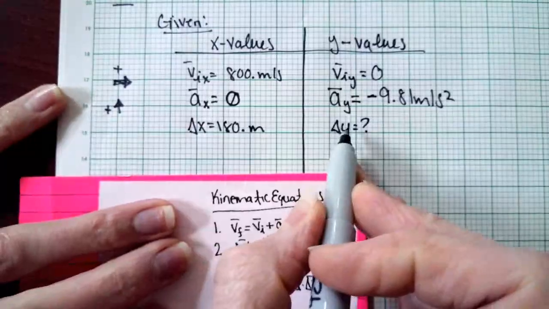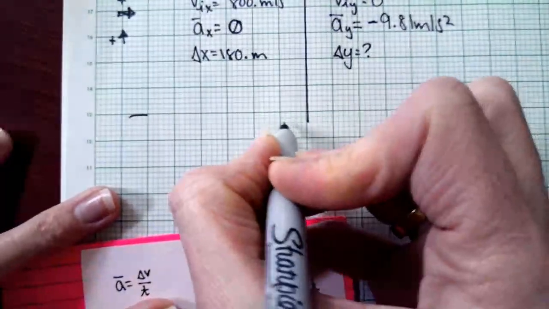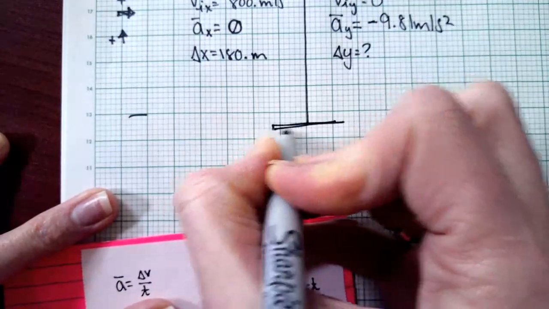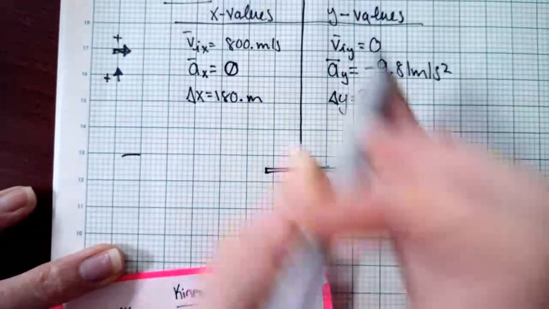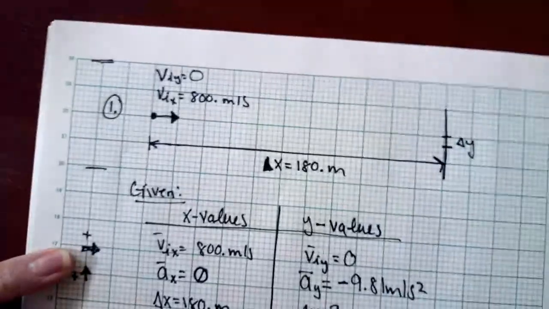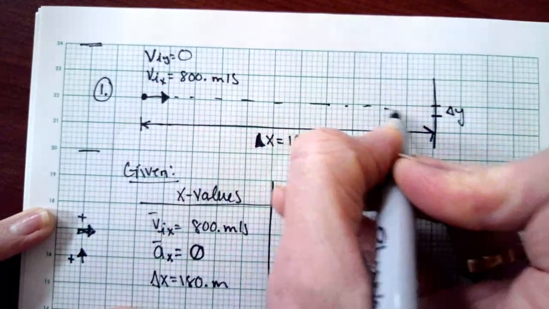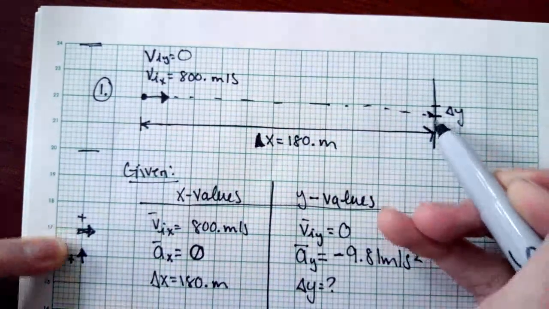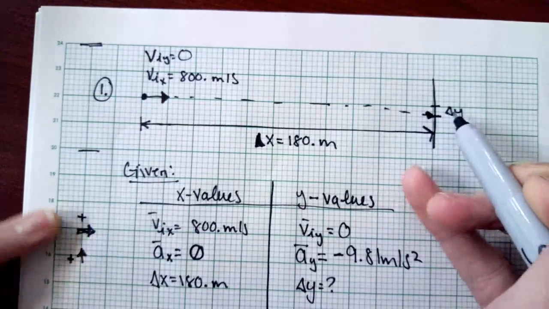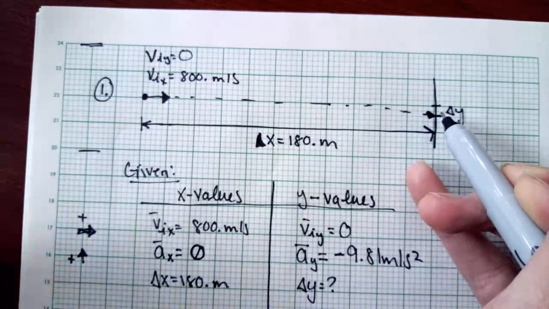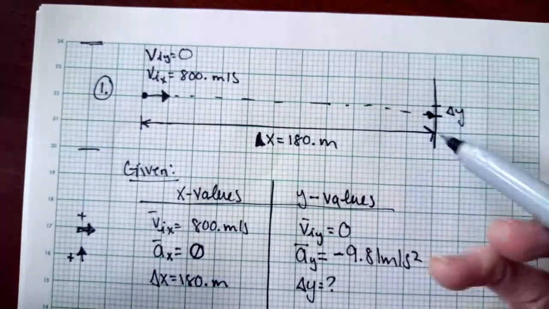I know I'm looking for something in the y, but there's something we can find in the x that we can then use in the y. And if we think about it logically, it's going to come over here and it's going to drop a bit. I don't know v final, I don't know delta y, and I don't know time in the y. So I've got to find something else.